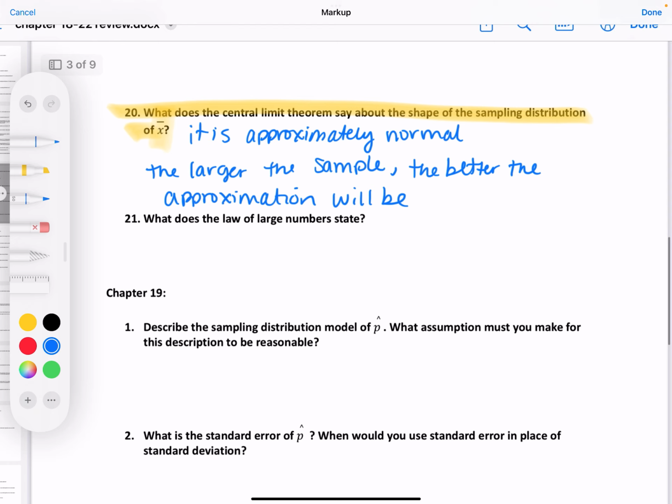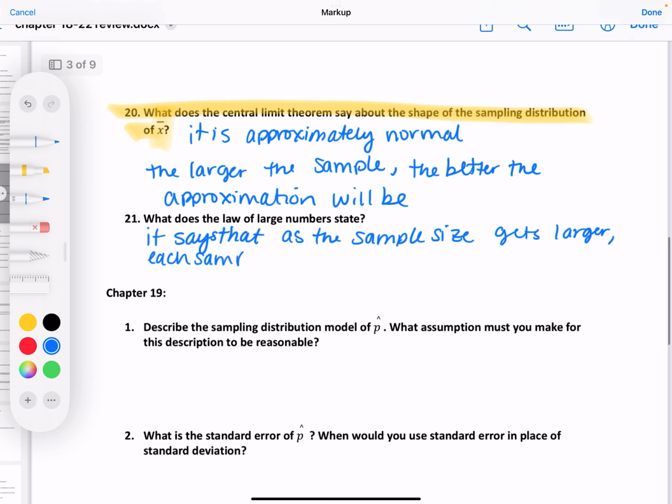So what does the law of large numbers state? It says that as the sample size gets larger, each sample average is more likely to be closer to the population mean.